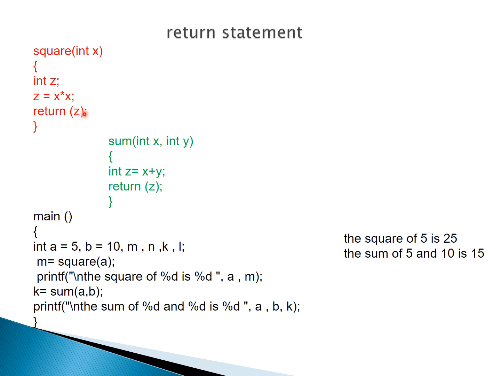Now let's try to execute this program. We have three functions now: square, sum, and main. This function receives an integer value and returns an integer value. How do we know that this is an integer? Because that is integer. So it receives an integer value and returns back an integer value.